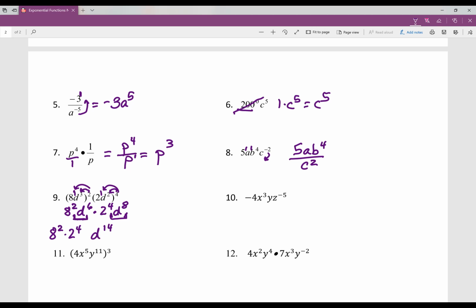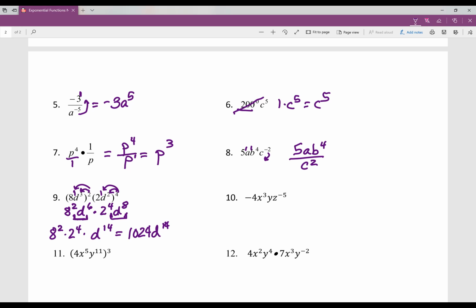So let's see. 64 times 16. And I'm struggling here to find, there it is. Is 1024. d to the 14. You could leave it like this if you wanted to, but I prefer it like this.